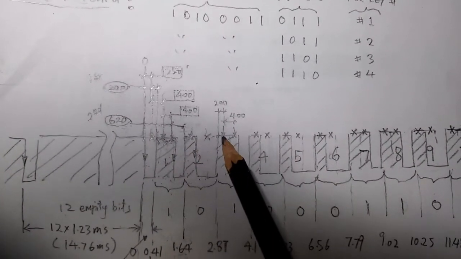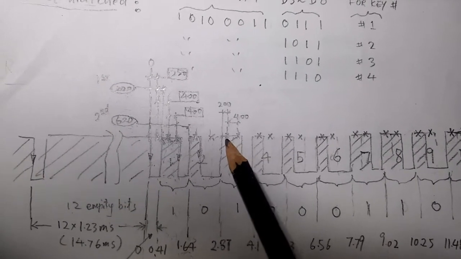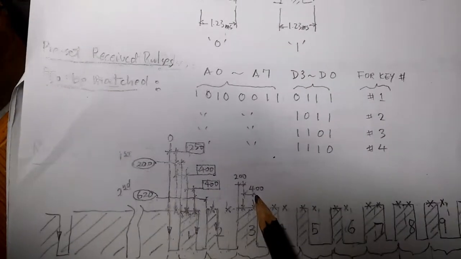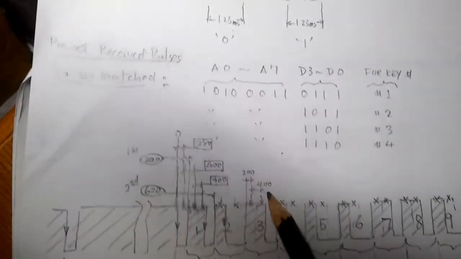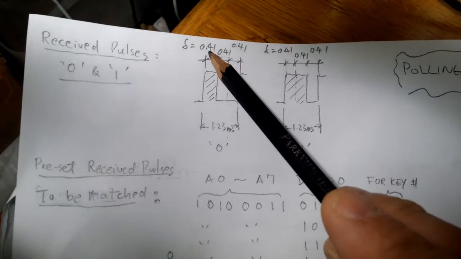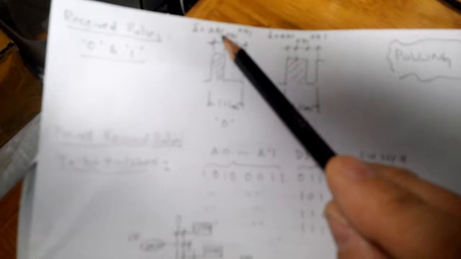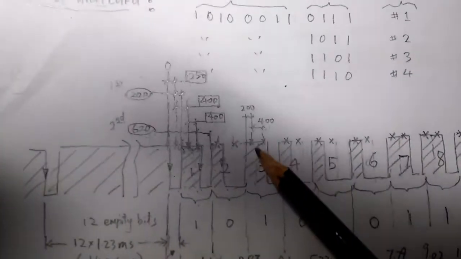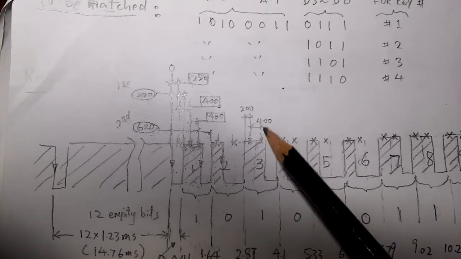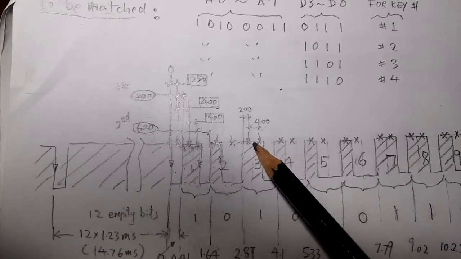And clearly, these 2 points have a time difference of 400 microseconds. Why is this 400 microsecond? This is 0.41, around 400. It doesn't need to be 410. It doesn't need to be so accurate.